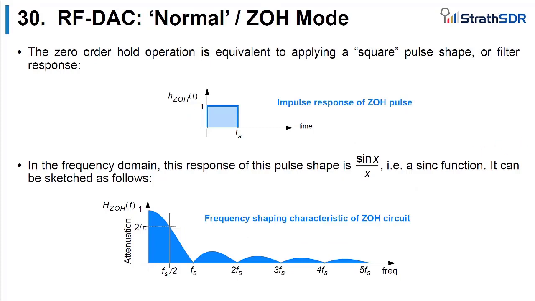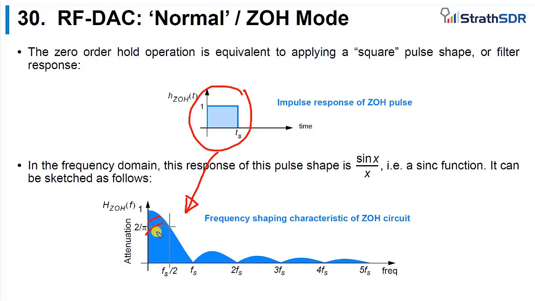Just a little more detail. Here's my zero order hold pulse. That's what I'm essentially using for each of my digital samples that comes in. I'm holding it constant for one sample period. As we sketched in the previous slides, when I look at the spectral characteristic of this, this is the response I get, the sin x over x, or Sinc type response.